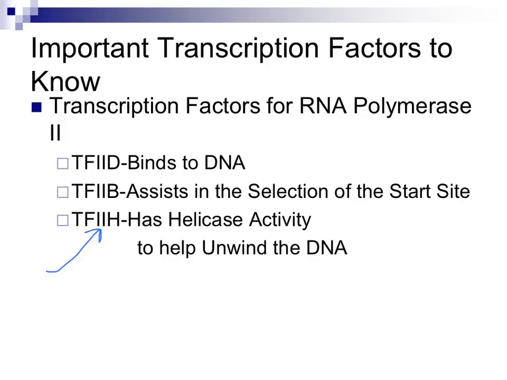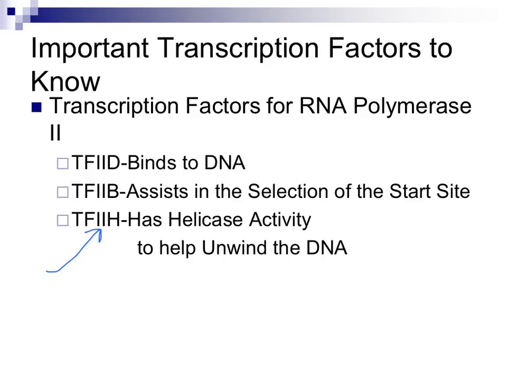All right, so the second transcription factor is called 2B. This assists in the selection of the start site. So its job is to point out, here's the start site for the gene. This is where transcription needs to start. And transcription factor 2H has helicase activity.